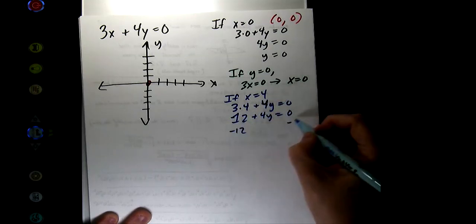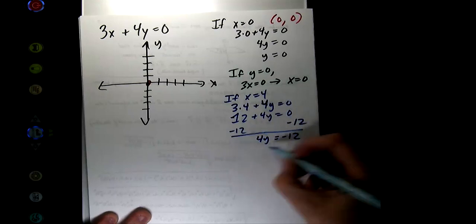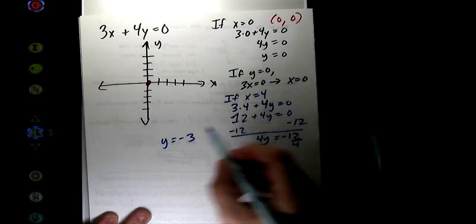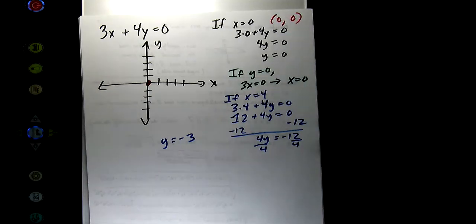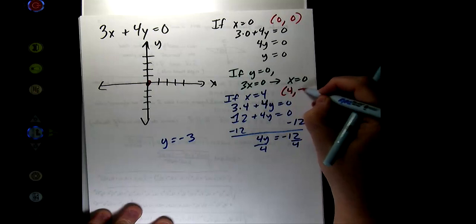Let's subtract 12 over. Divide by 4, and I get y equals -3. I have the ordered pair 4, -3.